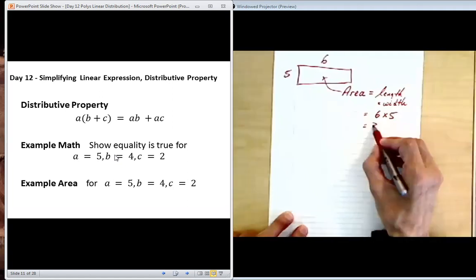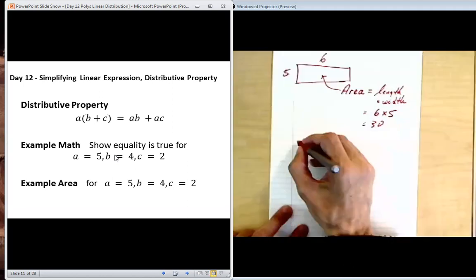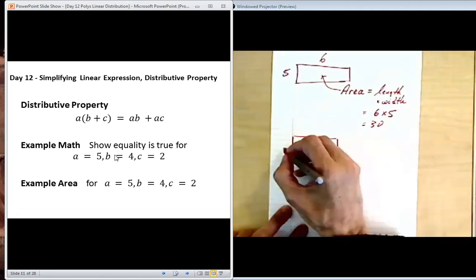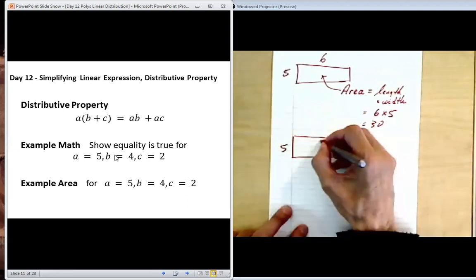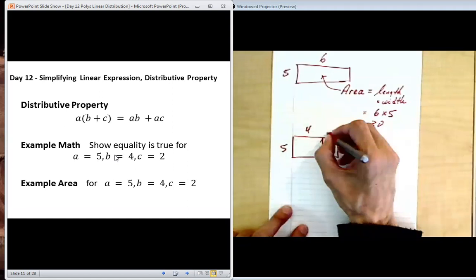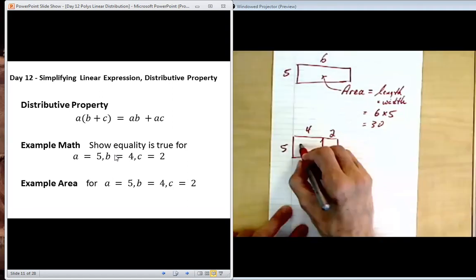So you get 30. True? Okay. So another way to think about this, suppose that's 5, but suppose it's split up. Suppose this length here is 4 and this length here is 2. Yeah, 5 times 4, it's true.